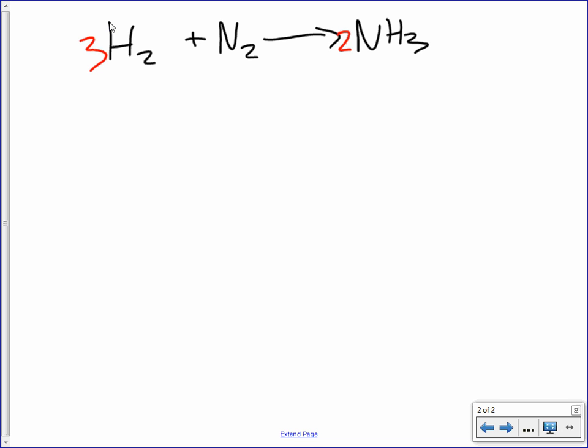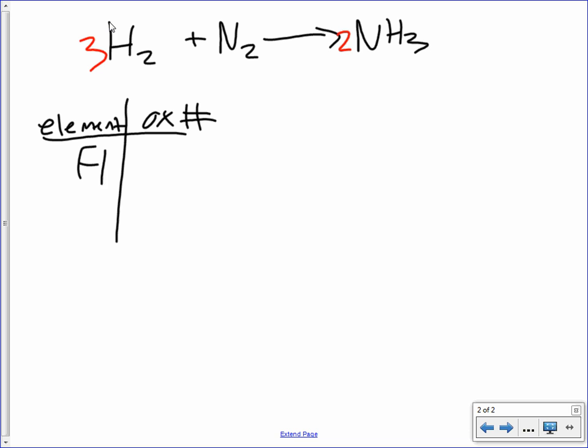First thing, again, let's look at our reactants and products. So we have hydrogen and nitrogen. I don't know why that keeps happening. We have hydrogen and nitrogen. Okay. Right now they're both in pure elemental form. Zero charge, zero oxidation state.